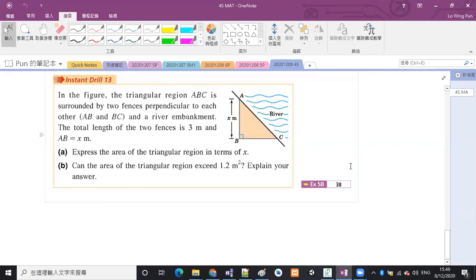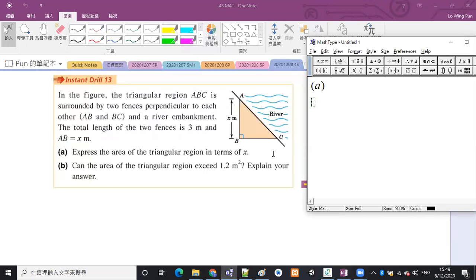好啦，呢度都好簡單啫。而家有一個三角形嘅區域，咁就係由2個圍欄去圍住出嚟嘅，同埋個河邊去圍住出嚟嘅。咁而家呢度嗰個 total length 就係3米啦，咁 AB 就係 x 米啦。咁而家問你個 area 係幾多，係嘛？三角形嘅面積係幾多？So if AB is equal to x, then BC is equal to 3 minus x meter, right?